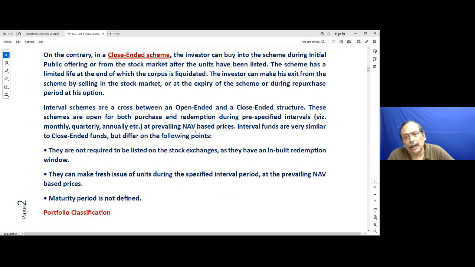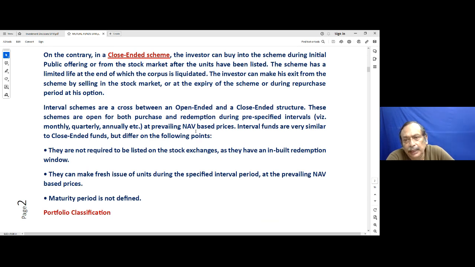Interval schemes are a cross between an open-ended and closed-ended structure. These schemes are open for both purchase and redemption during pre-specified intervals, namely monthly, quarterly, and annually, at prevailing net asset value based prices.